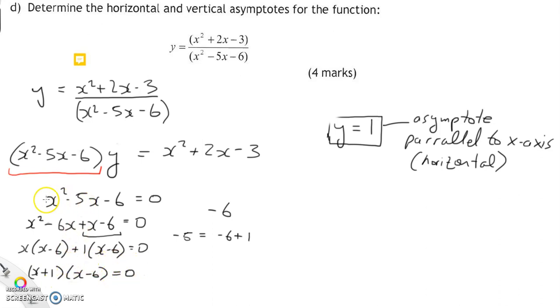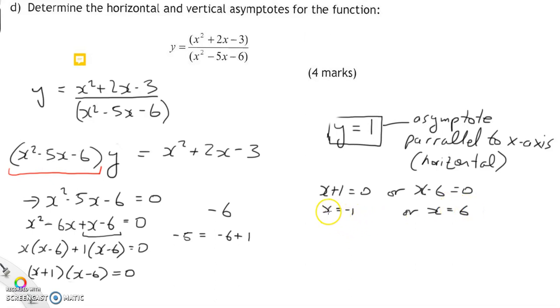So that's this quadratic equation factored. And now we can say that either x plus 1 equals 0 or x minus 6 equals 0. So that means x equals minus 1 or x equals 6.